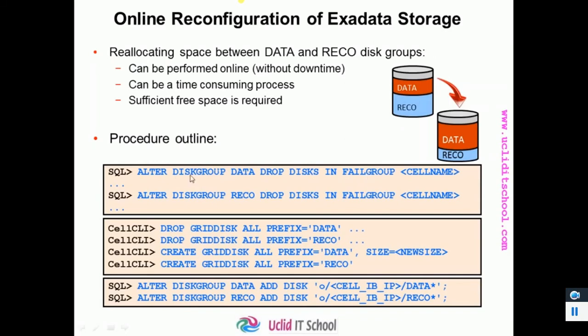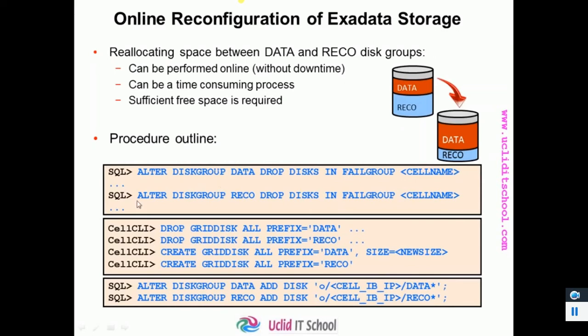Using this command: alter diskgroup data drop disks in failure group. Which failure group? That cell failure group. So we are doing this activity on the first cell. So you are dropping the disks in data disk group on cell 1.